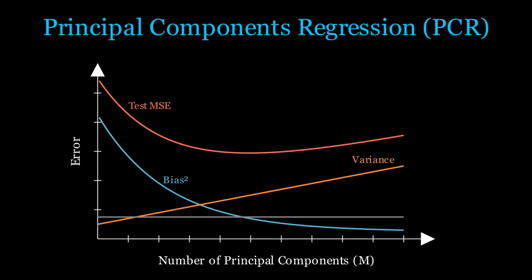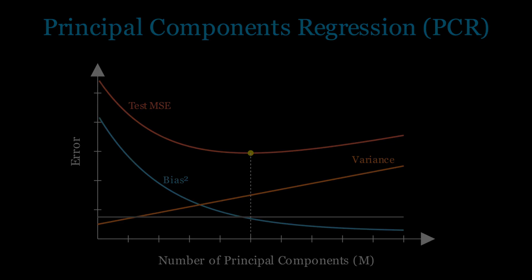It forms this U-shaped curve. Right here is our sweet spot. We've minimized prediction error by balancing bias and variance. If we used all principal components, we'd be on the right, overfitting the data. If we use too few, we underfit. So how do we find the right number of principal components? In practice, we can use cross-validation to find the number of components that minimizes this error.